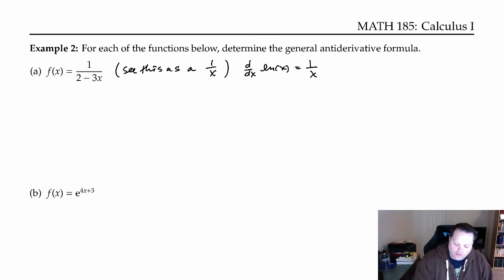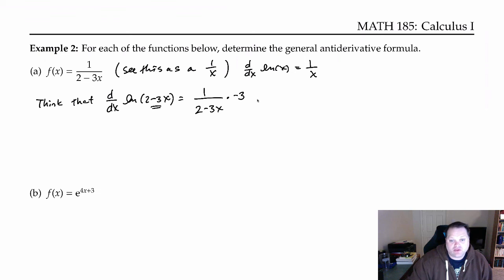So we might think that the derivative of the natural log of 2 minus 3x is useful here, and it is, because the derivative of that function is 1 over 2 minus 3x. But then chain rule says I have to multiply by the derivative of the inner function, which is negative 3. So this is close, it's just off by a factor of negative 3.